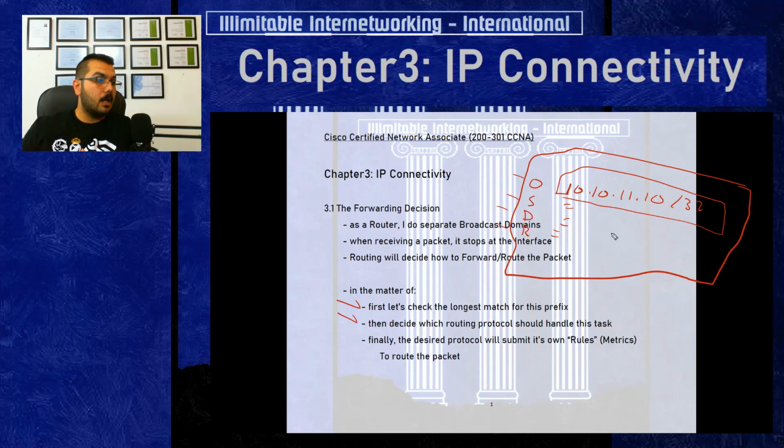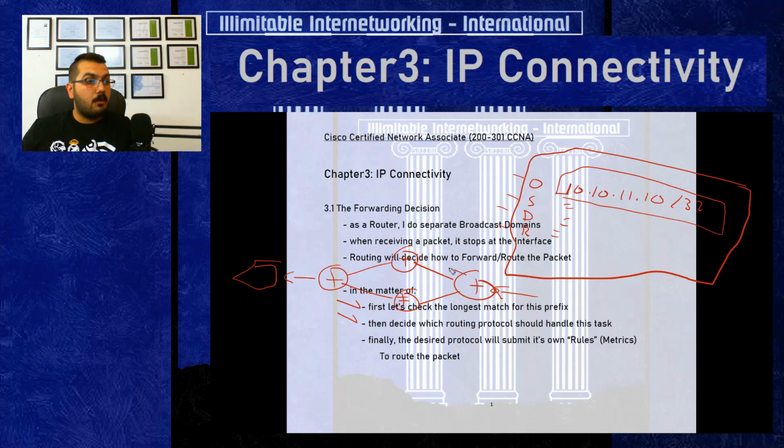Maybe like these cases will happen. Okay, I think we have a problem in the processor. Let's check. When I receive a packet from this interface and it wants to reach this area, either I forward the packet to this router or to this router.